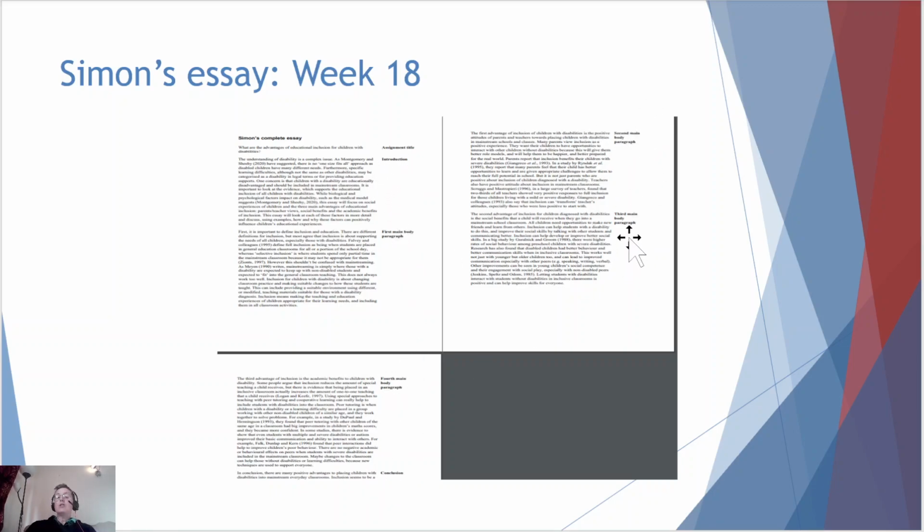That's visually to show you that it's very obvious to the reader where each PEEL paragraph is presented. You can literally see the line gap in between, and the reader is confident that each one of those holds a PEEL paragraph discussion about the particular point that will help answer the question that's been set.